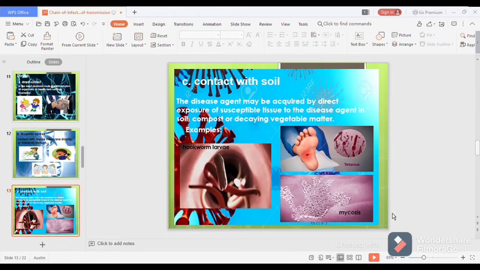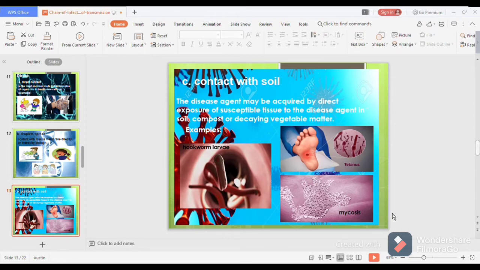And the next is contact with the soil. This disease agent may be acquired by direct exposure of susceptible tissue to the disease agent in soil, compost, or decaying vegetable matter.